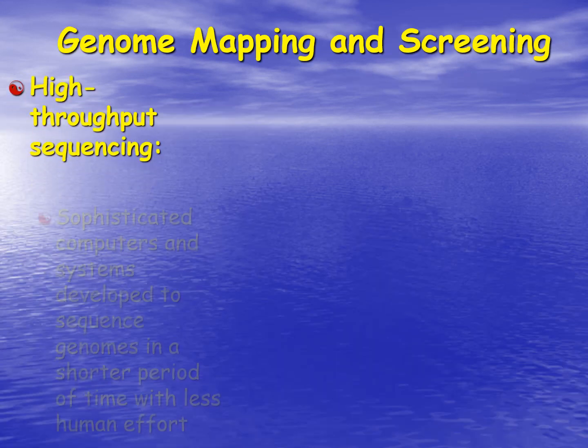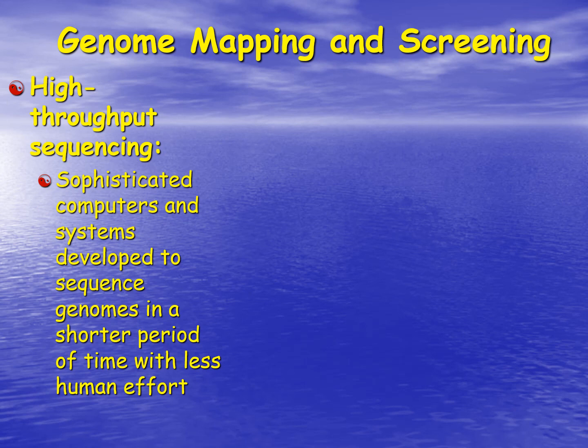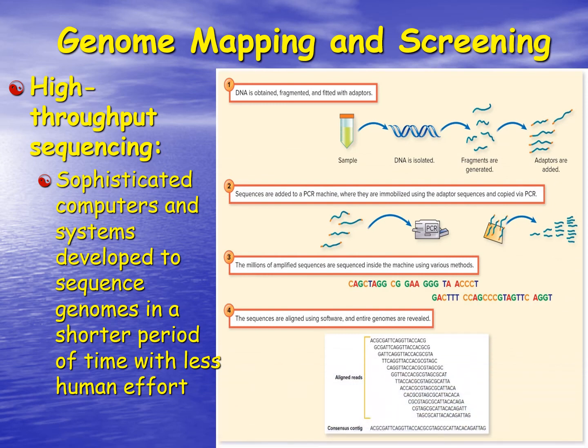High throughput sequencing is another way of gene mapping, and this is where sophisticated computers and systems were developed to sequence genomes in a shorter period of time with less human effort than the whole shotgun approach. So we take the DNA isolated from an organism. Again, we fragment it using endonucleases, and then adapters are added to those segments.